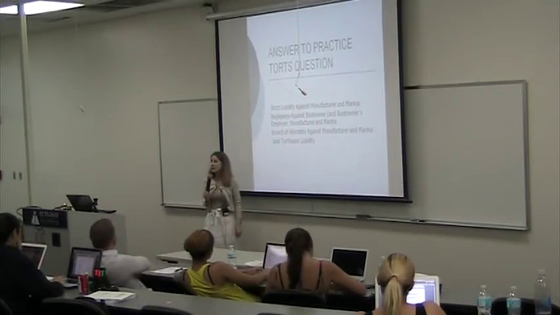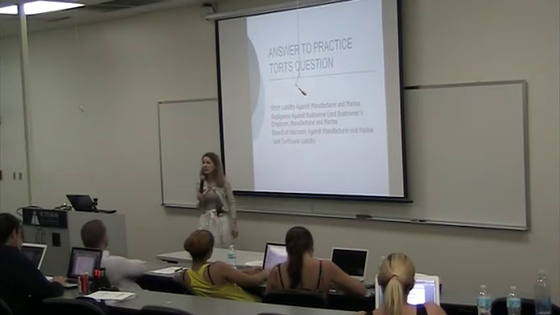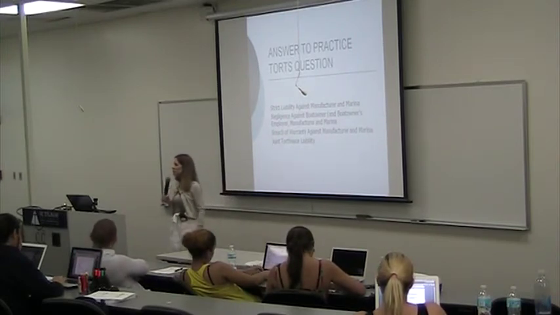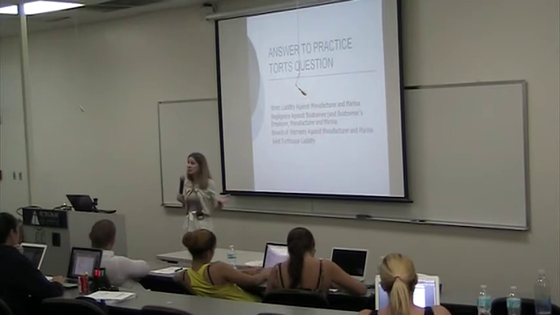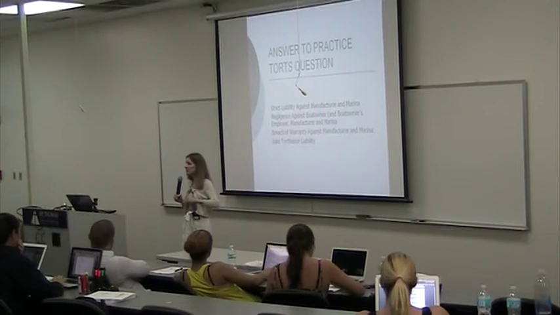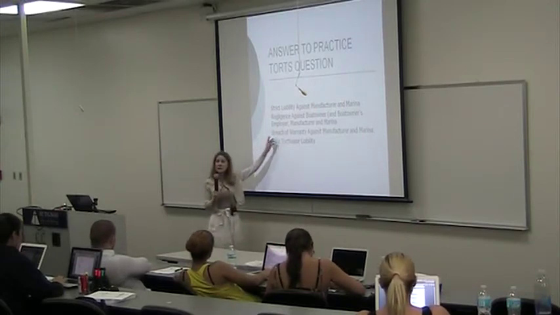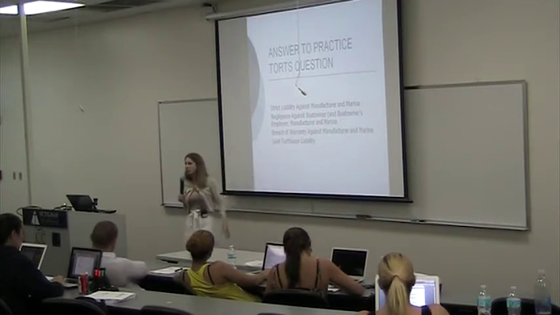Strict liability is usually the easiest of the theories to prove. Why? Because the plaintiff doesn't have to prove fault. Negligence is usually the second strongest, easiest to prove. Why?